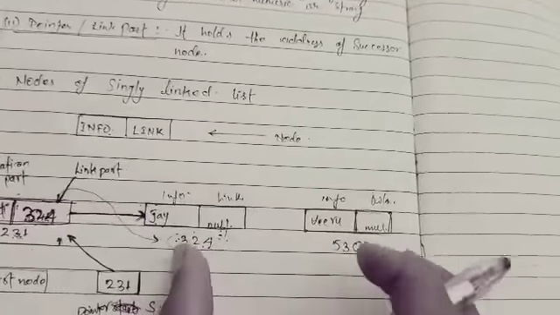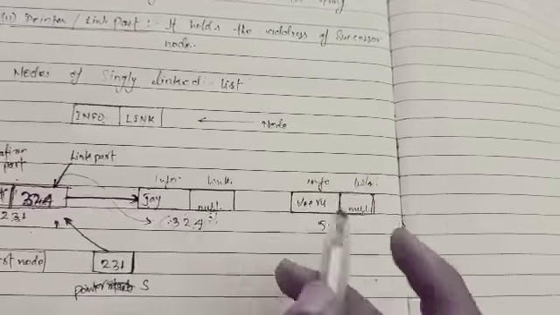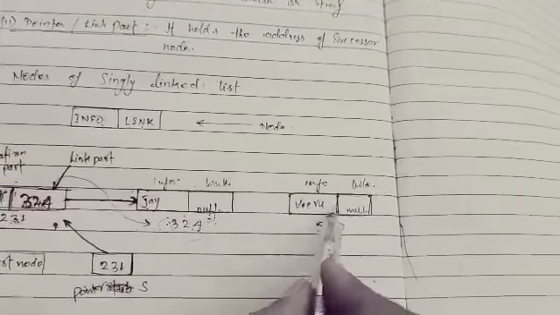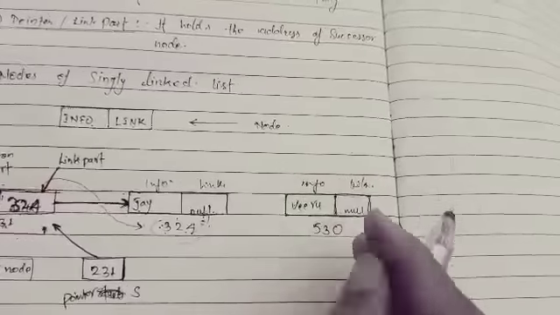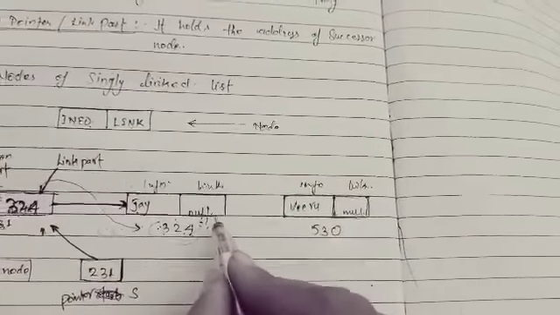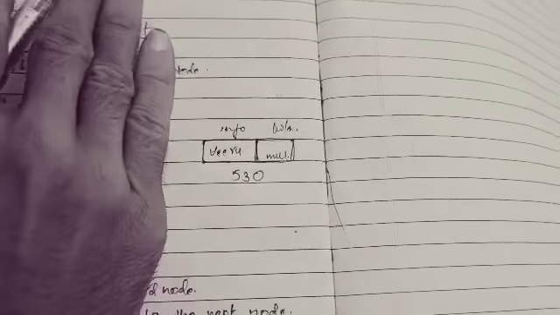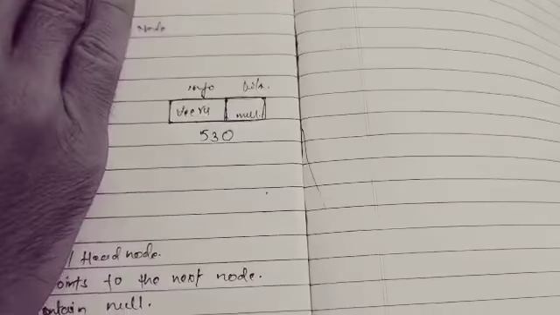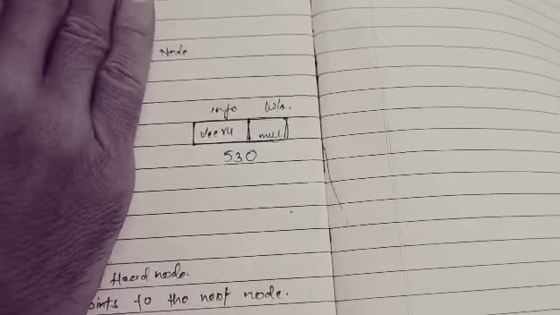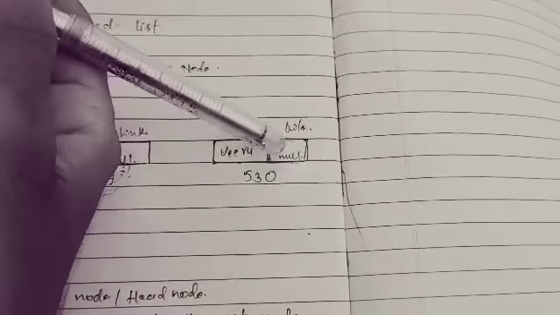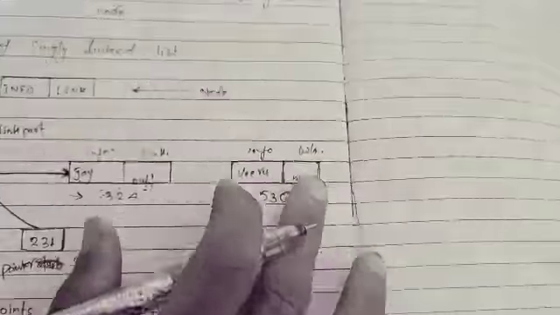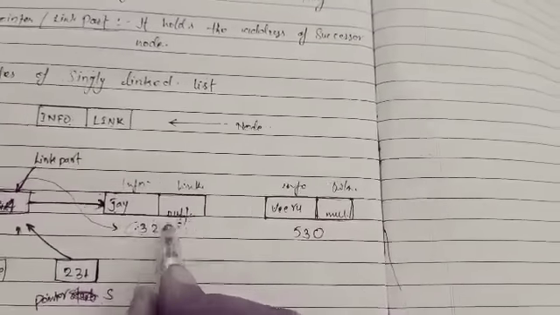But again it is not possible. Why? Because here two nodes are available, and the link part should not be a null value for the two nodes. If there is only one node, and the link part is a null value, it's possible.